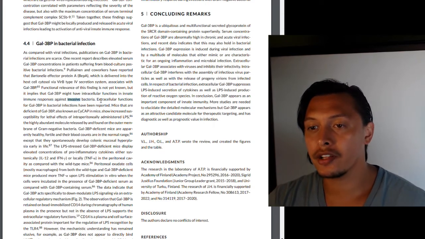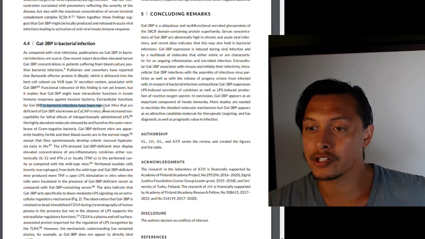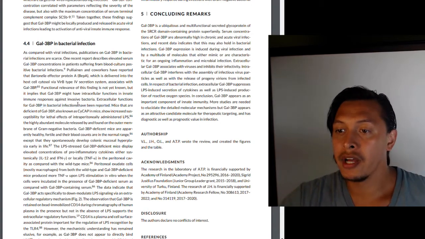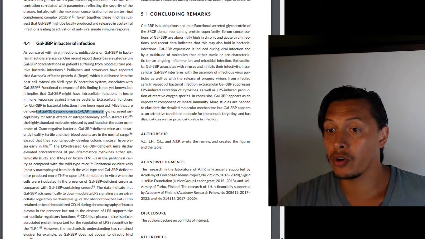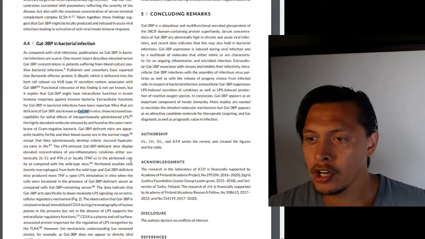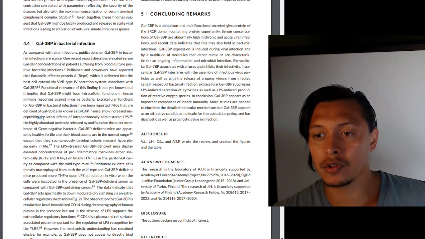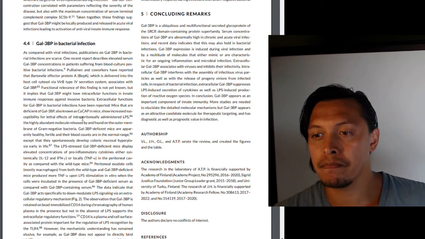Extracellular functions for Galectin-3 binding protein in bacterial infections have been reported. Mice that are deficient of Galectin-3 binding protein, also known as CyCap, show increased susceptibility for lethal effects of intraperitoneally administered lipopolysaccharides.